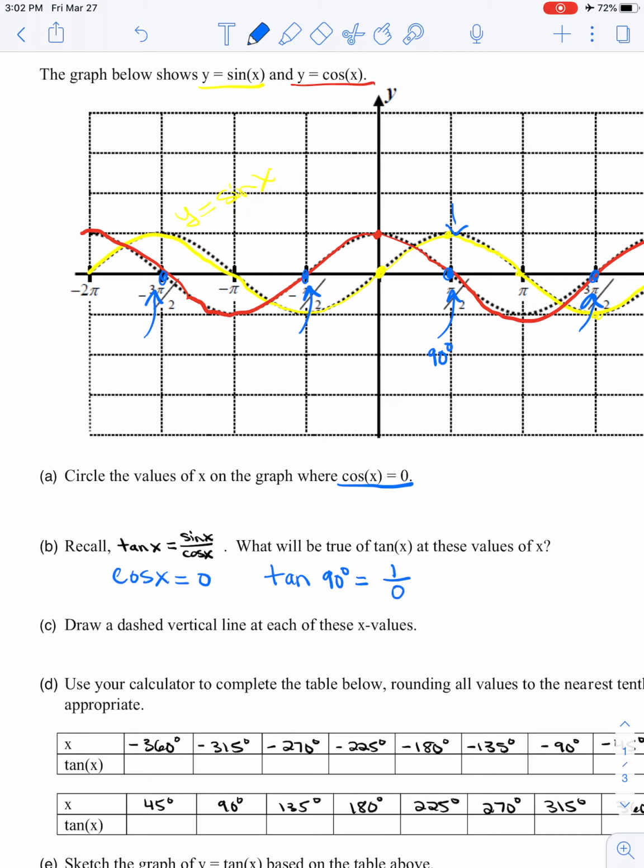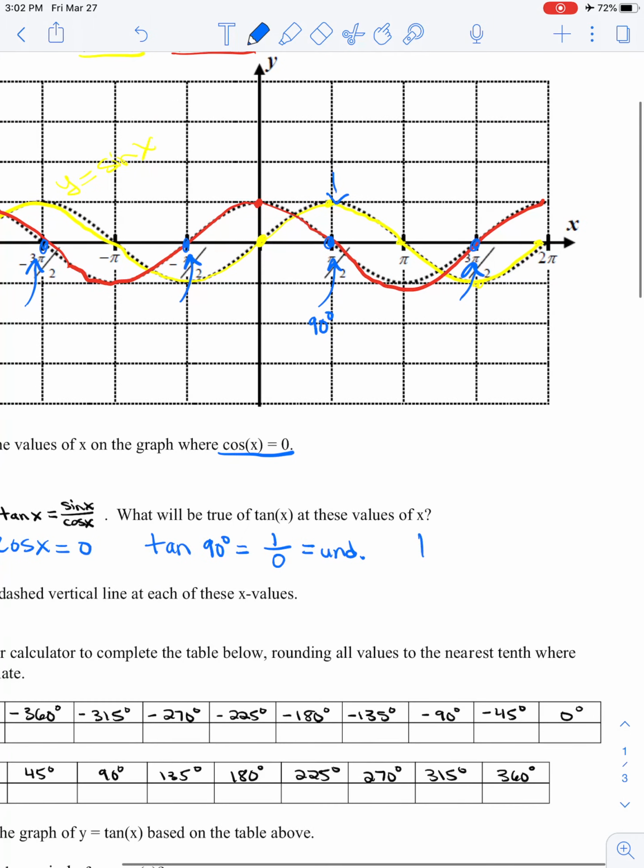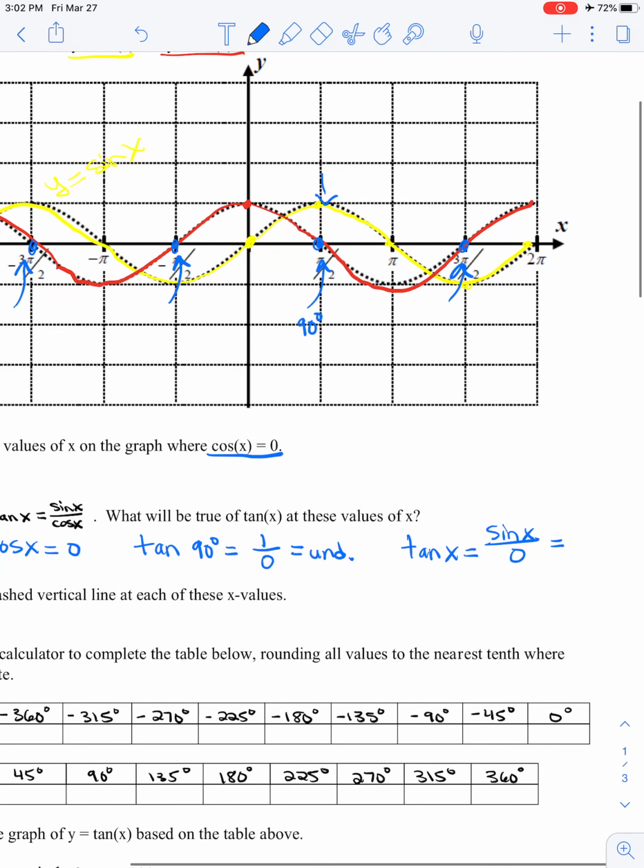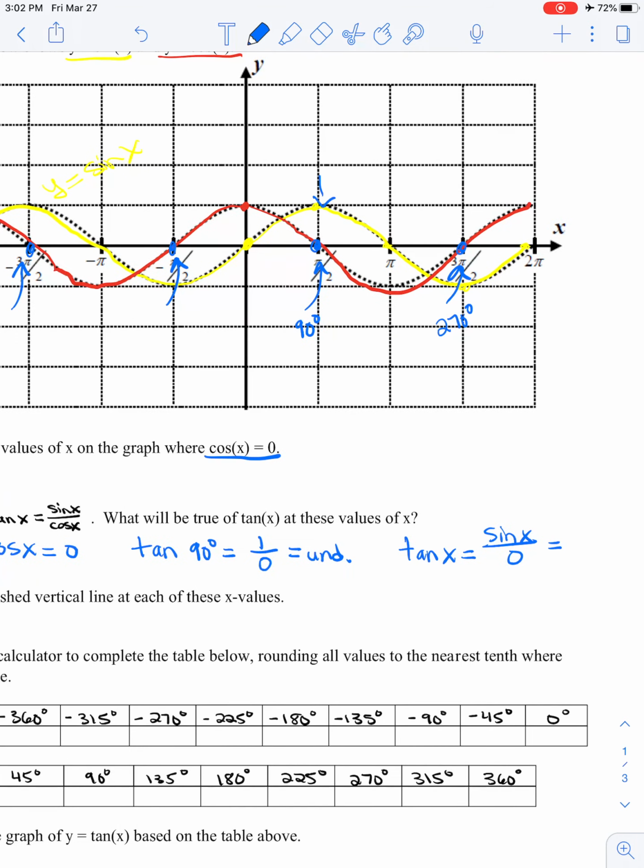So you can't take a number and divide it by 0. You get an undefined value. So this is just an example of what would be true for tangent at all of the values of x that are notated in blue. So tan x would equal sine of x over 0 for all of these x values notated in blue. 90 degrees, 270 degrees.